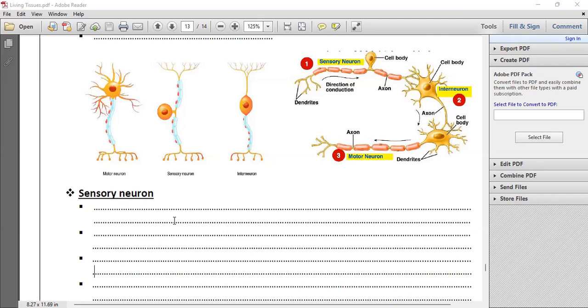That's what simply happens. So the sensory neuron receives impulses from sensory organs. So dendrites of sensory neurons are definitely connected to the sensory organs.